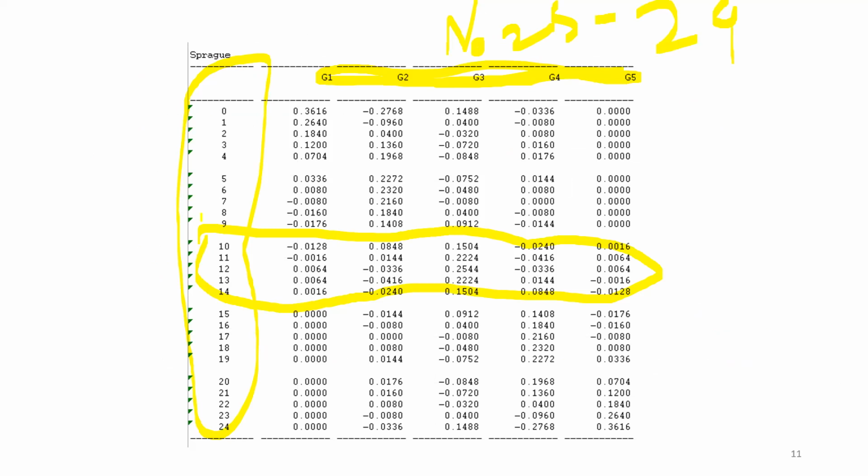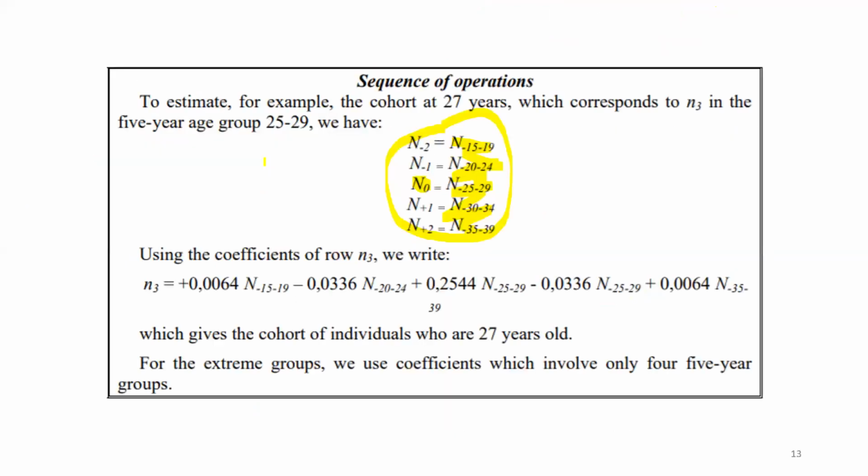So after doing all this simplification, you will have 25, 26, 27, 28 and 29 here. After adding those 5 columns, finally you will have single year age distribution values for 25, 26, 27, 28 and 29. That's the thing here. I think you still do not have a good understanding of that one. Anyway, you will solve that problem when I introduce an example.